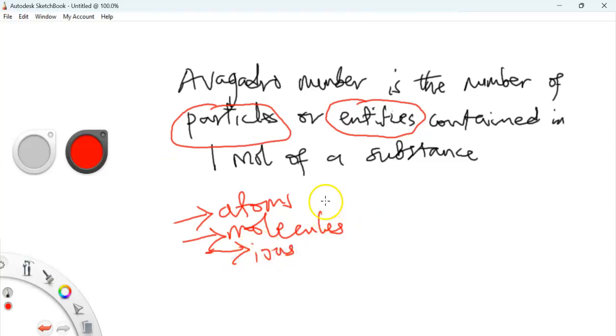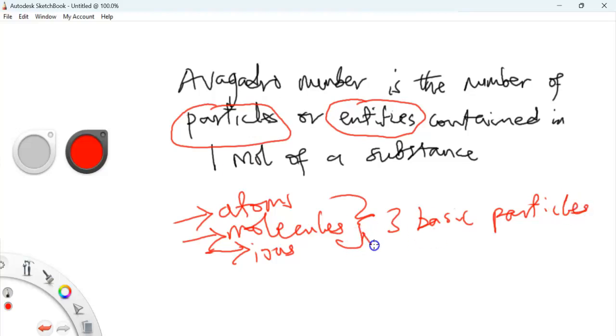The reason is because there are 3 basic particles of matter, and these are atoms, molecules, and ions. Do you get now? So that's the way they define Avogadro number.